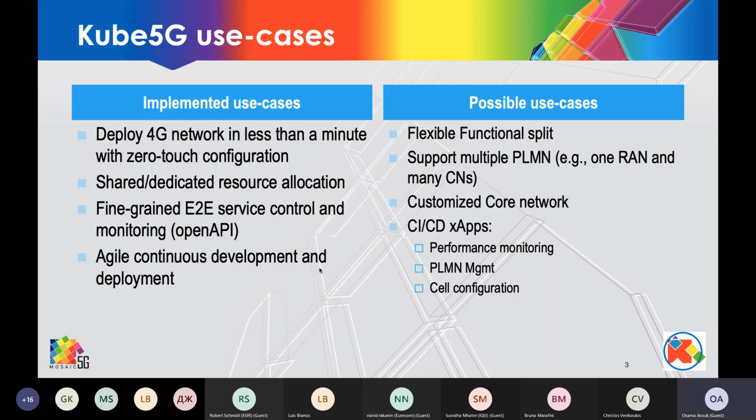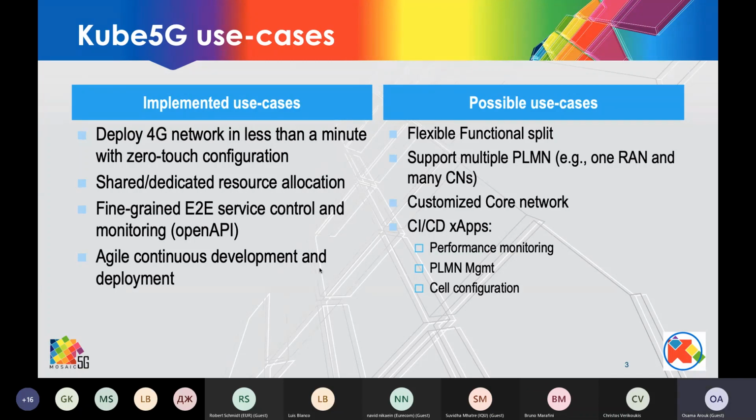We also have agile continuous development and deployment using Jenkins for fast release of new features of the functions. It is also possible to do a flexible functional split, which is straightforward. Kube5G supports multiple PLMNs, so you can create multiple networks with multiple PLMNs and deploy them easily.